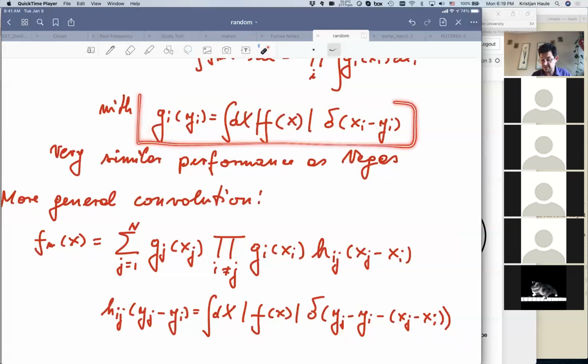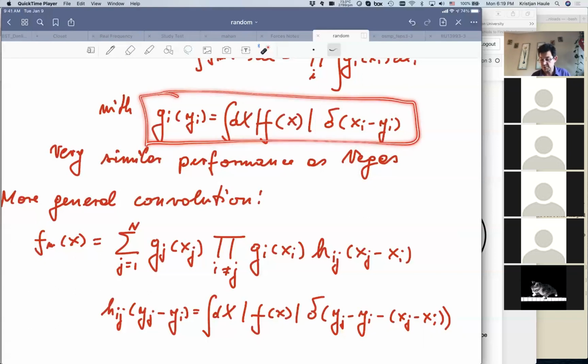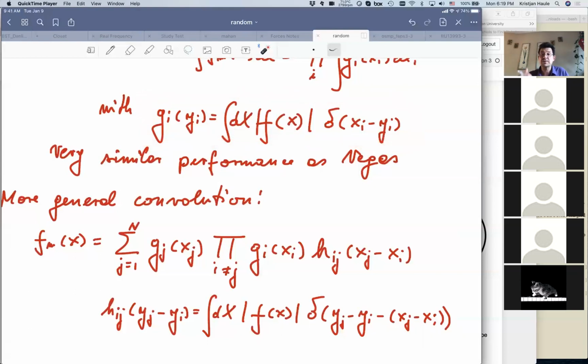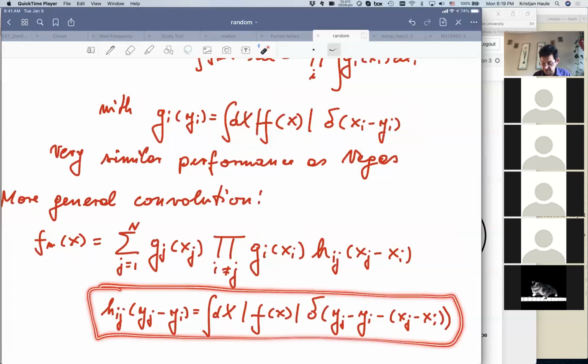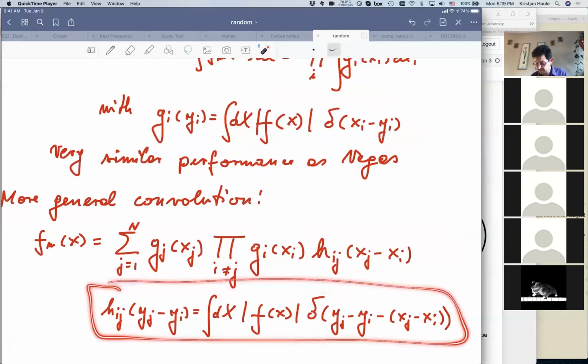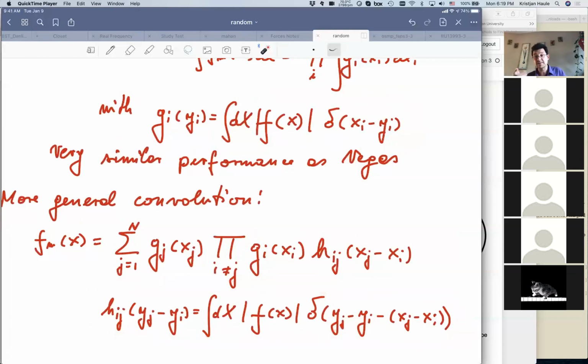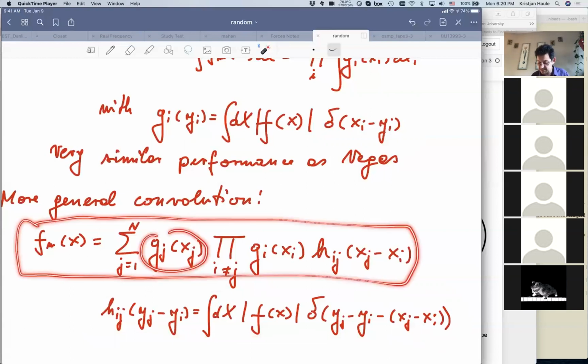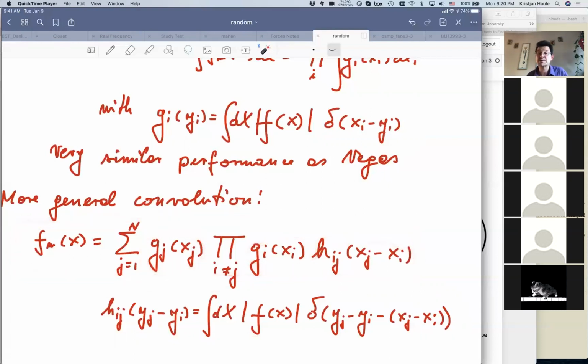So we discussed in the Vegas algorithm that this is just a projection, as the delta xi minus yi tells you that we are projecting function f on all the possible axes. But you can also construct this h here, which is projection on the difference of the two axes, which is diagonals. So in this case, we are actually projecting our function on all possible diagonals, and then construct the function from projections on all axes times projection on all possible diagonals.